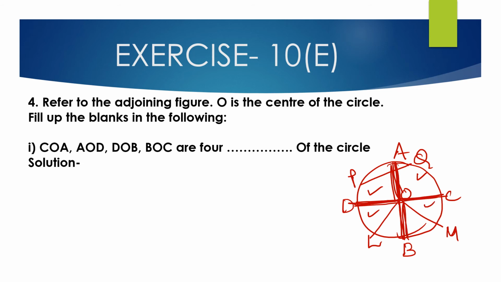These are the four quadrants of the circle. Quadrants. All are equal to 90 degrees. So in a circle there are four quadrants. So COA, AOD, BOC and DOB are the four quadrants of the circle.